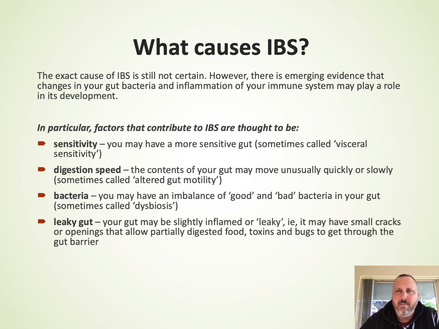Leaky gut. So when people talk about leaky gut, it's not so much leaky, but they talk about inflammation and small cracks or openings that allow partially digested food, toxins, and bugs to get through that barrier. So obviously there aren't cracks in the sense that there are holes and everything just leaks out, but the function of those, so the gut is an organ that allows nutrients to cross the barrier between the gut and into the bloodstream.